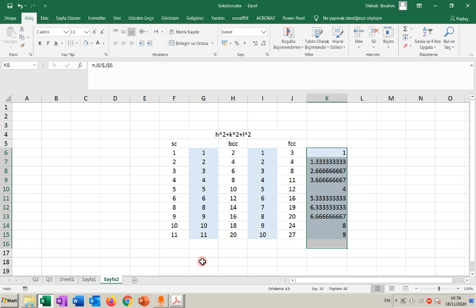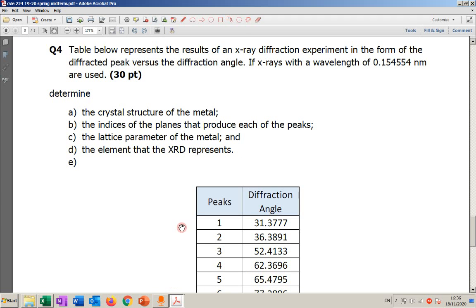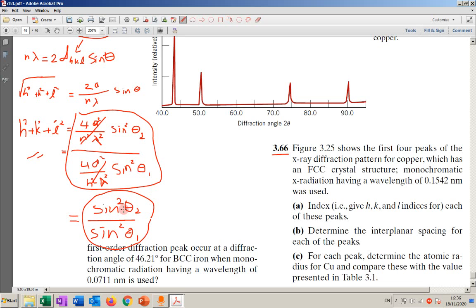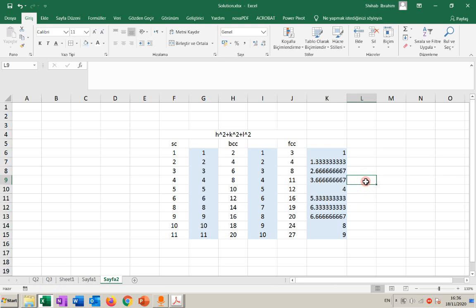We will get them if we divide all the sine squared theta by the first sine squared theta. Even the first one divided by itself will be 1, and then the second one by the first one, third one by the first one, and so on. We will find a pattern, and from those patterns we'll be able to know which crystal structure we have.